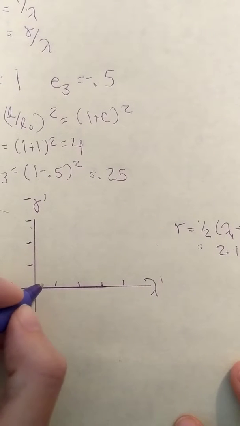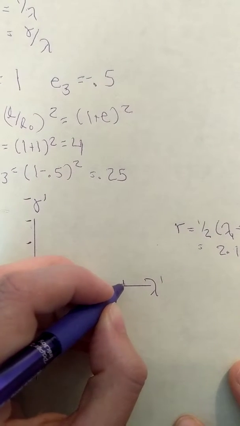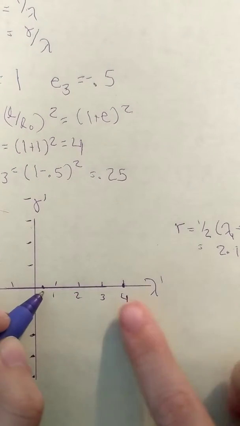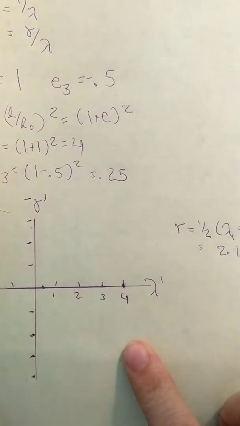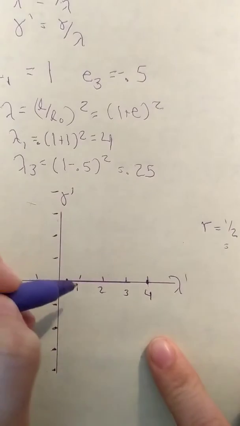So we're going to plot over here our 0.25. We're going to plot over here our 4. Right, so this is our lambda 1, which we got from up here. This is lambda 1, lambda 3, plot here.